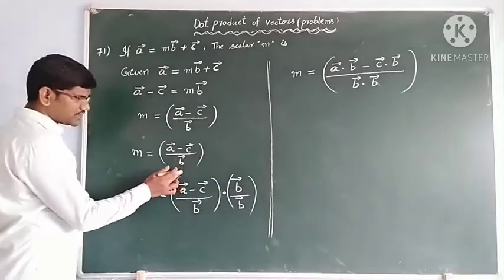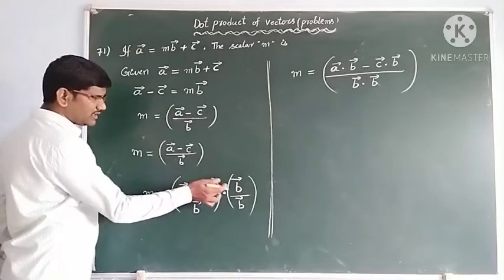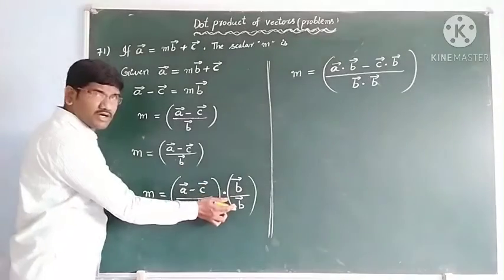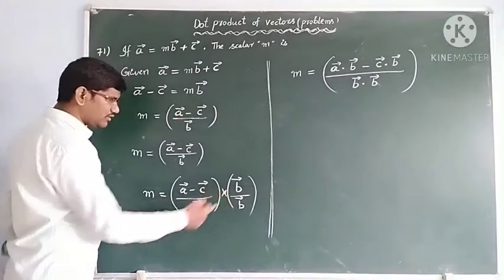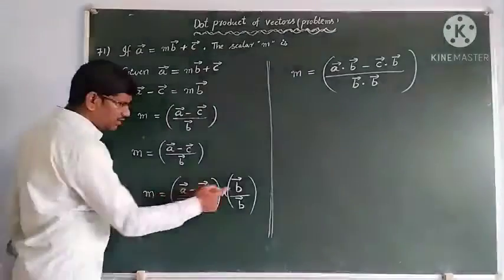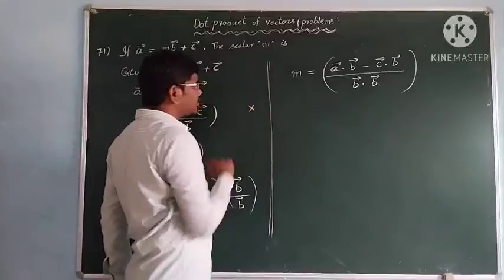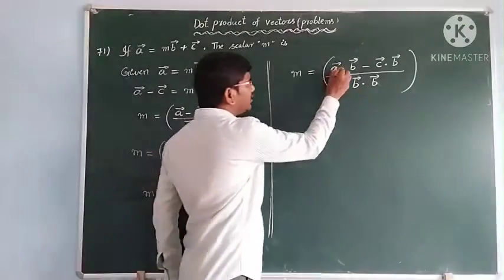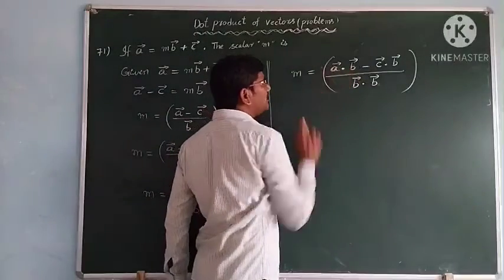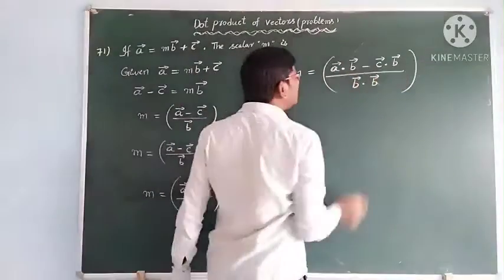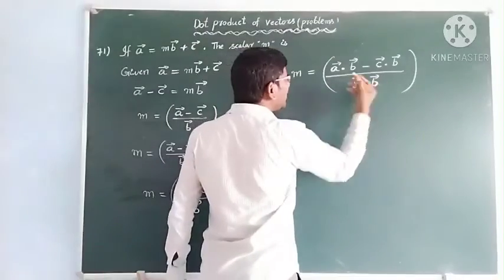So the above equation we are multiplying with B bar and dividing with B bar, nothing will happen. Multiplication of A bar with B bar, we should not write the normal into symbol, we have to write the dot product. This is called A bar dot B bar and C bar dot B bar by B bar dot B bar.